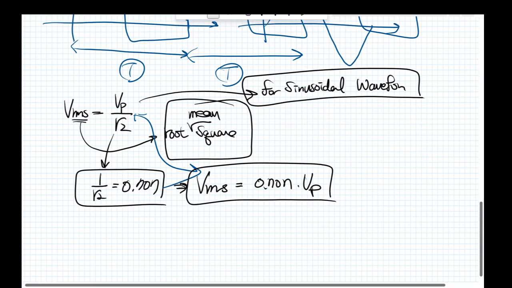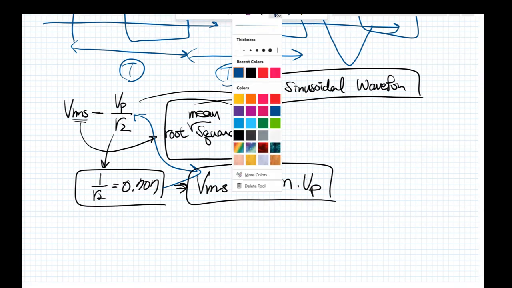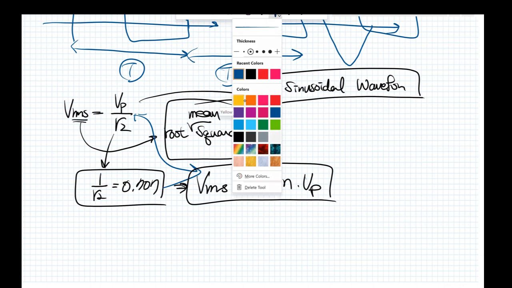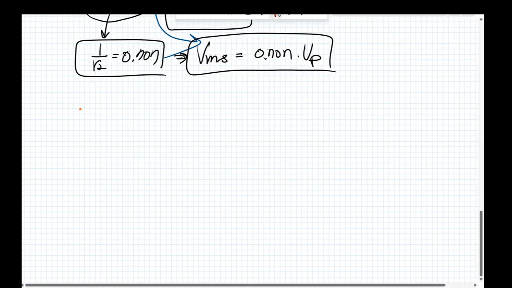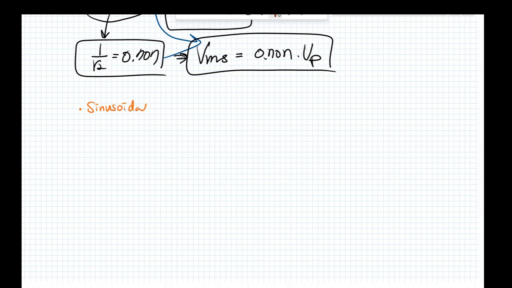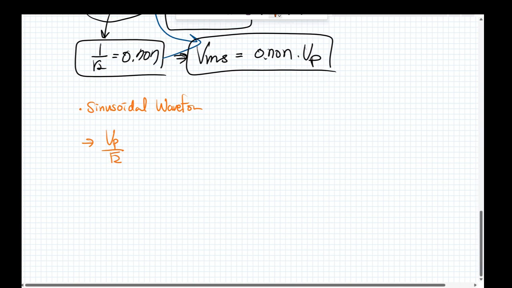So it depends on the type of the waveform. We have different RMS values. For example, for the sinusoidal waveform, V sub RMS is V sub P over root 2, okay?